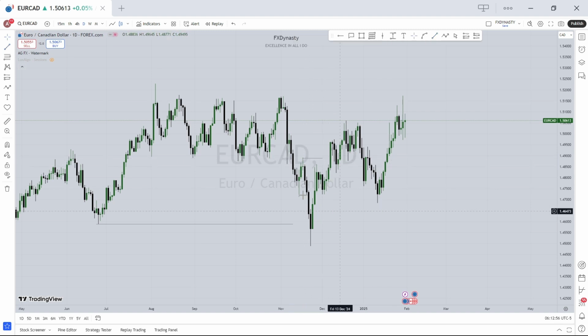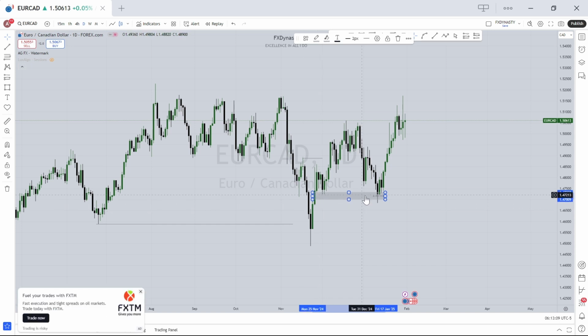Price returned into this fair value gap and this fair value gap, tested it twice. Did not actually come into this one, but you can see this was a second time that we tested this fair value gap, and price moved to the upside, and we closed above this high.